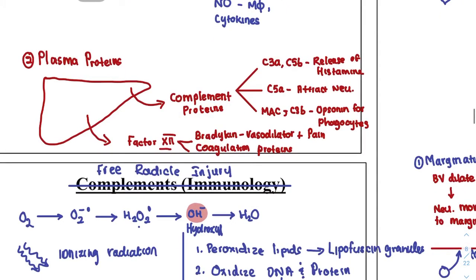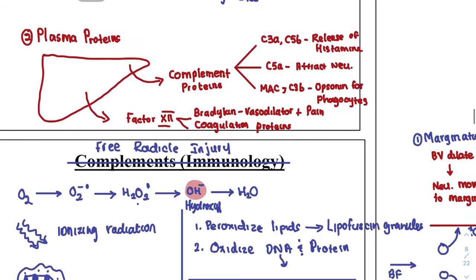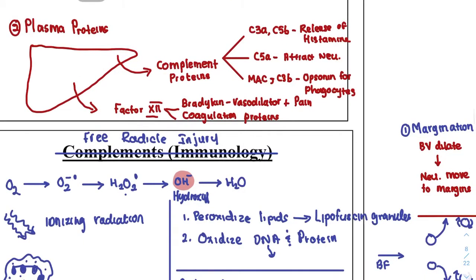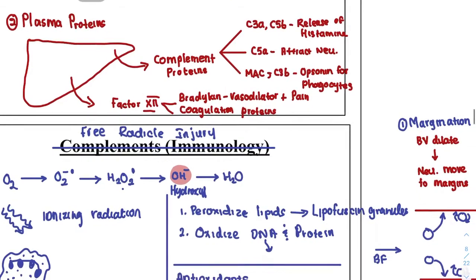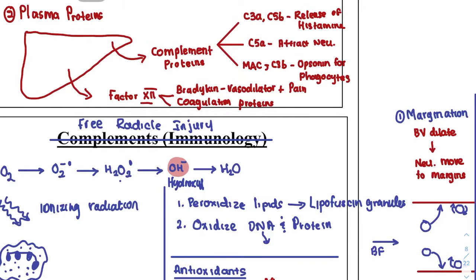These are also preformed proteins that circulate in our blood. First is complement proteins. For inflammation, we just need to know these three functions. You will learn what complement proteins are in the first lesson of immunology, as I remember.